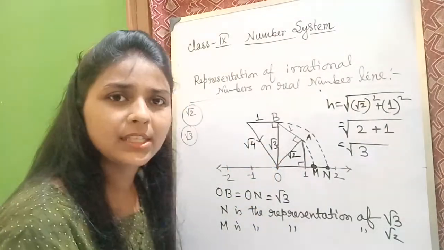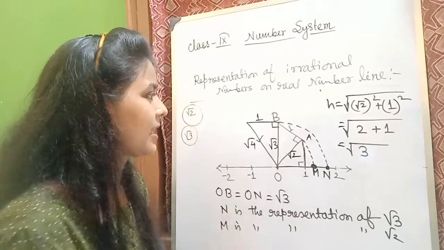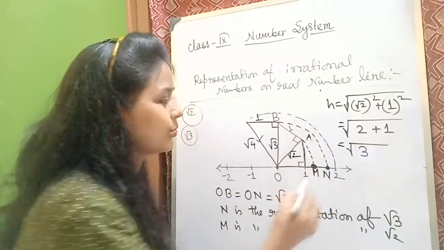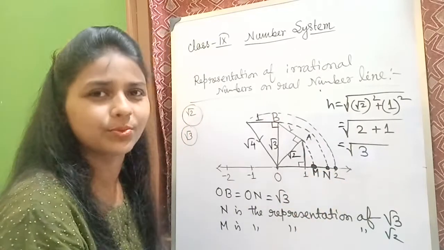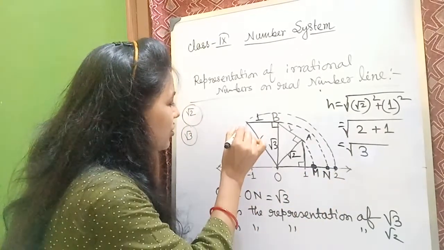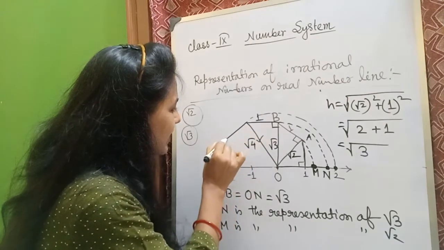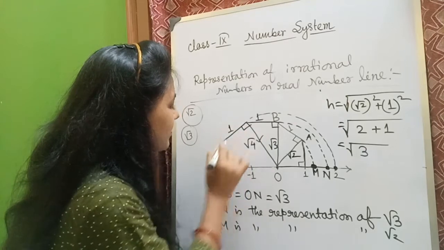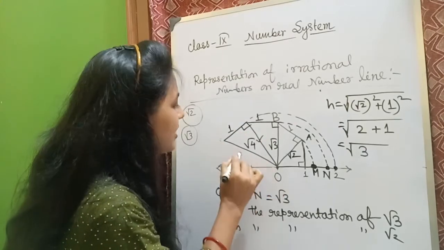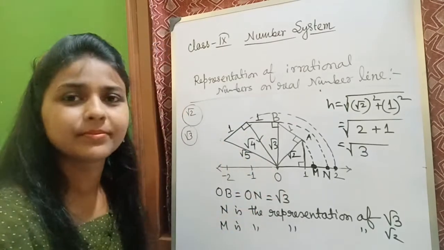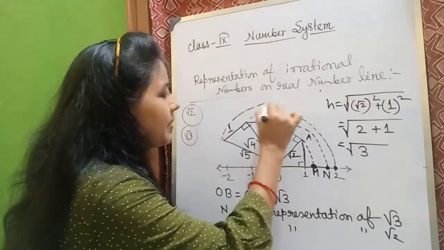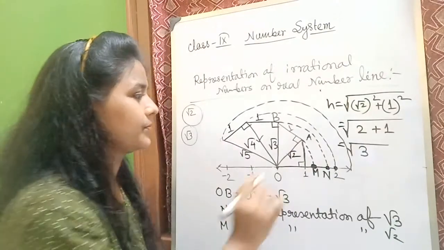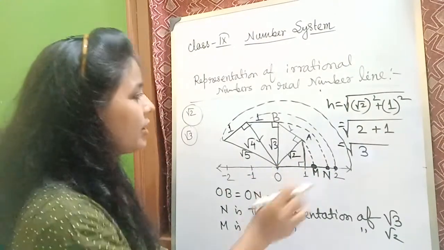Now root 4 is not an irrational number, so it will eventually come as 2. We will draw another right angle here with 1 unit, and if we add it, this will be root 5. Then again we draw the arc and it will go after 2.